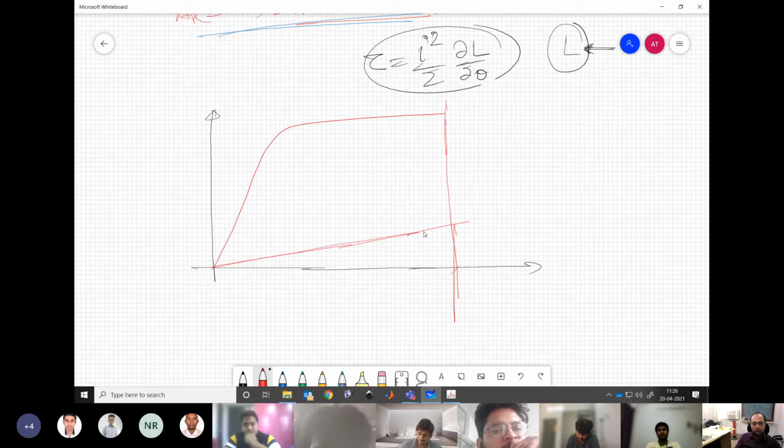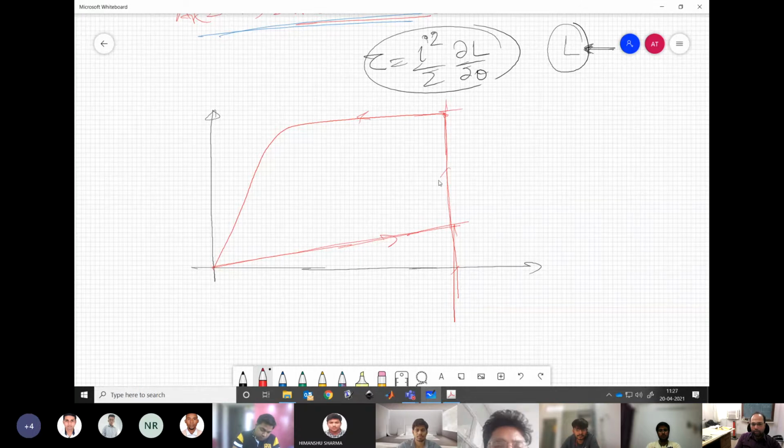We excite it up to the current where in the aligned position it touches saturation, so that we can extract maximum energy, maximum mechanical work, out of this. And then we have to demagnetize, reduce the excitation, so it will come back to its zero value. And of course, it is a soft magnetic material. Even if a very small residual thing is there, that doesn't matter. Getting my point?